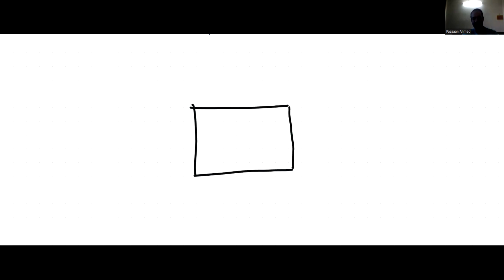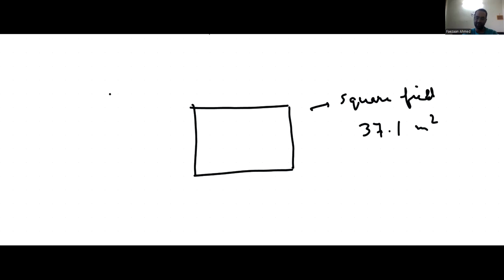Okay, so what the question says is that this is a square field, and the area for this is 37.1 meter square, right?